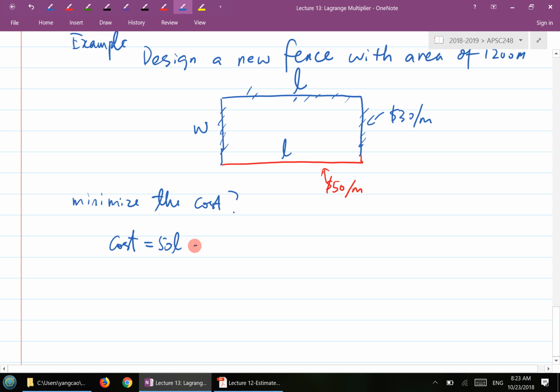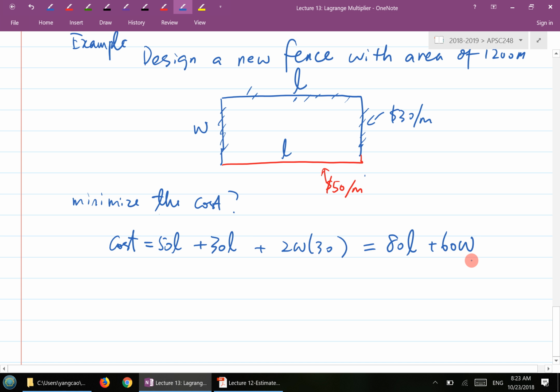And this L is $30 per meter, and you have 2 W's added here times $30 again. So that's the total cost. With a little bit of simplification, you get 80L plus 60W. If there's no constraint, then this is the total cost.